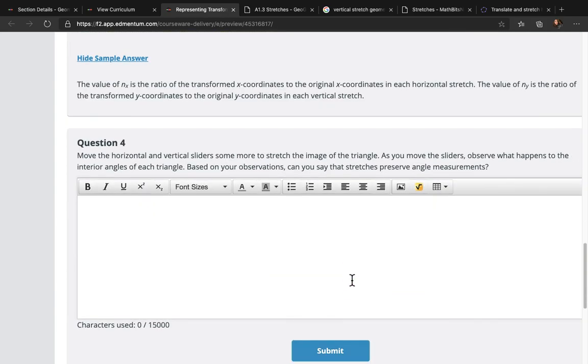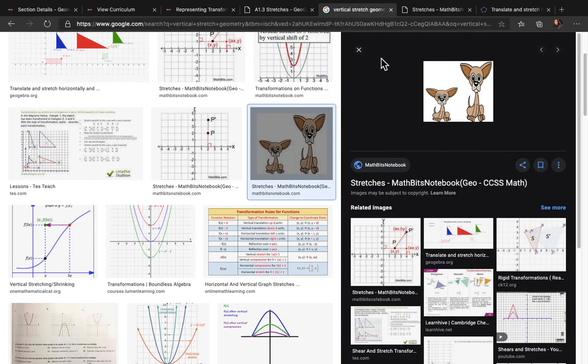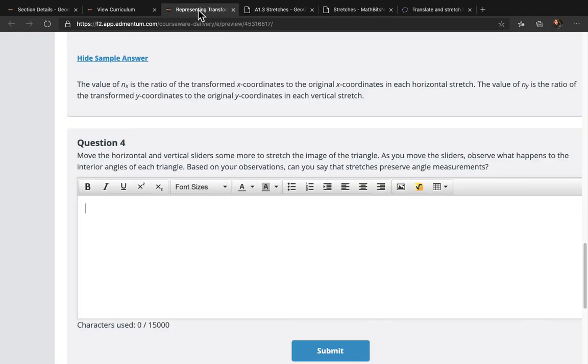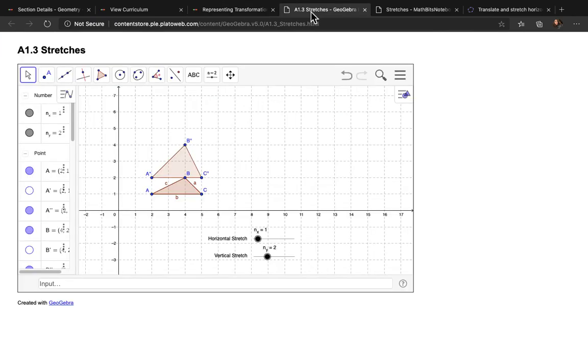Move the horizontal and vertical sliders some more to stretch the image of the triangle. As you move, observe what happens to the interior angles of a triangle. If I'm moving the figure of these shapes, notice the measures of your interior angles are going to change.